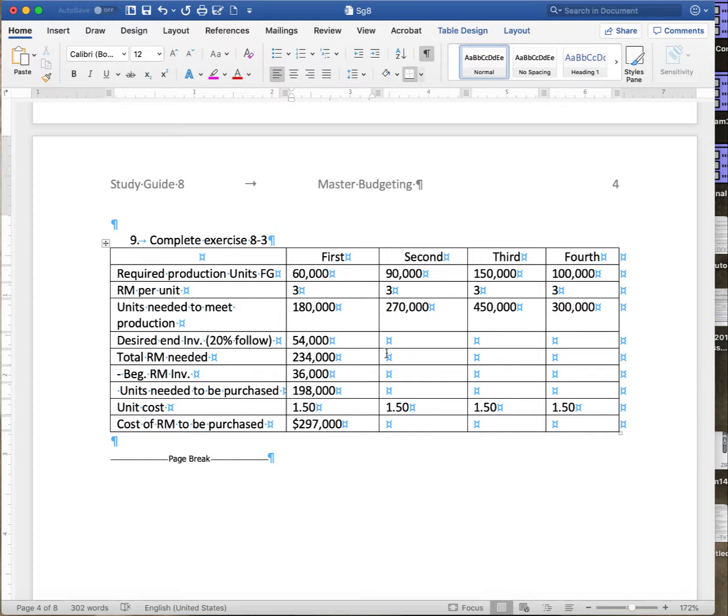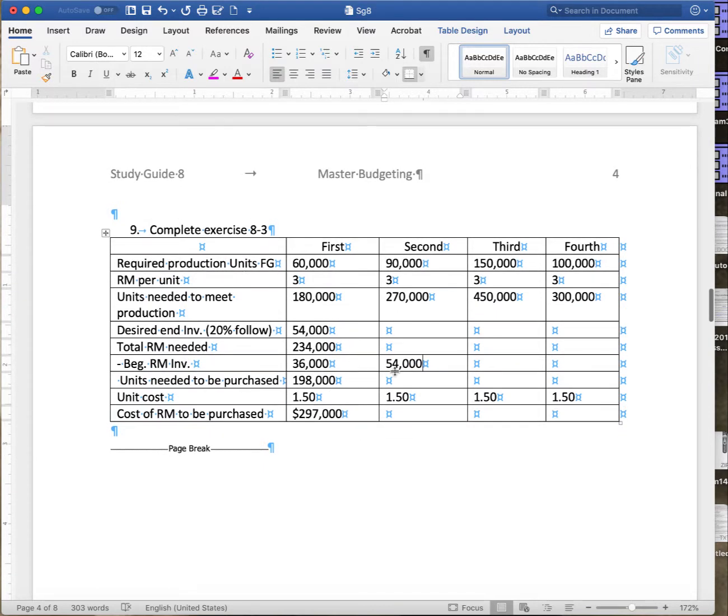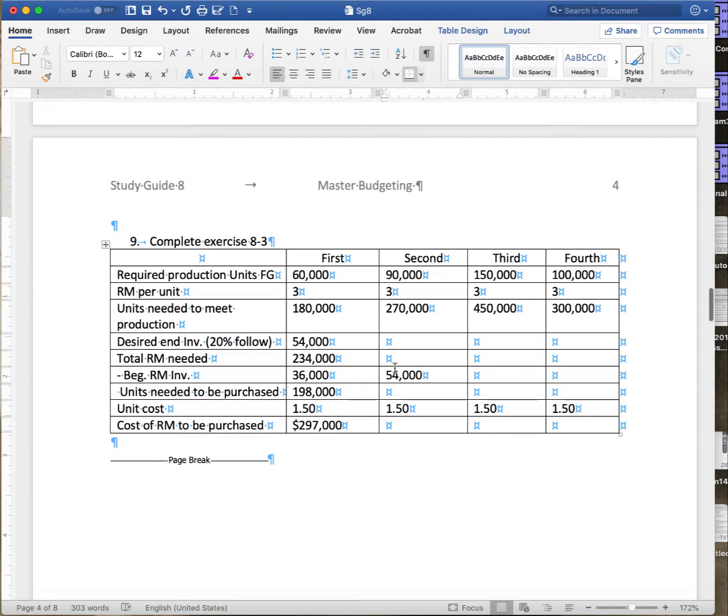Right off the bat, I know from the second quarter I'm starting with beginning inventory of 54,000 units, right? I just carried it over. Now let's figure out what is the desired ending inventory. Well, it has to be 20% of 450,000 grams. 20% of that is 90,000.